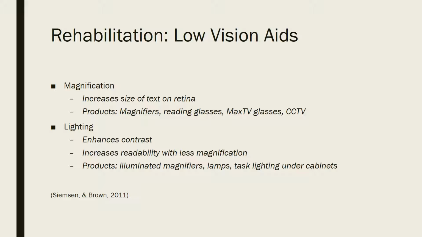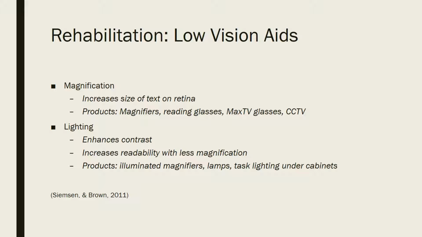One of the negatives with magnification is as the power increases, the visual span or the amount of text on a page the person can see with that magnifier decreases. So this is where lighting comes into play. Lighting enhances the contrast between the text and its background, which makes it a lot easier to discriminate the text and increases reading efficiency.